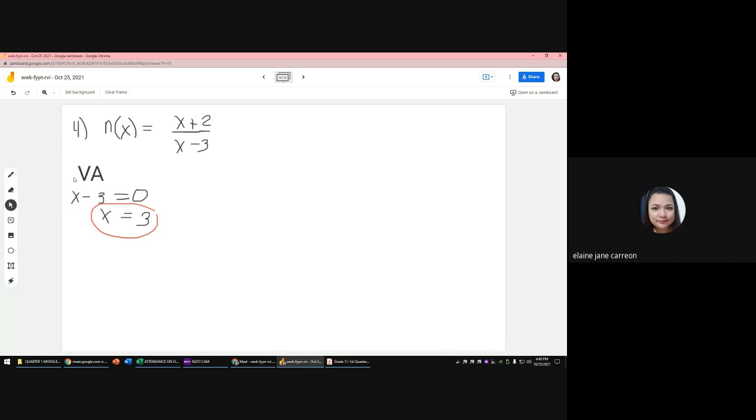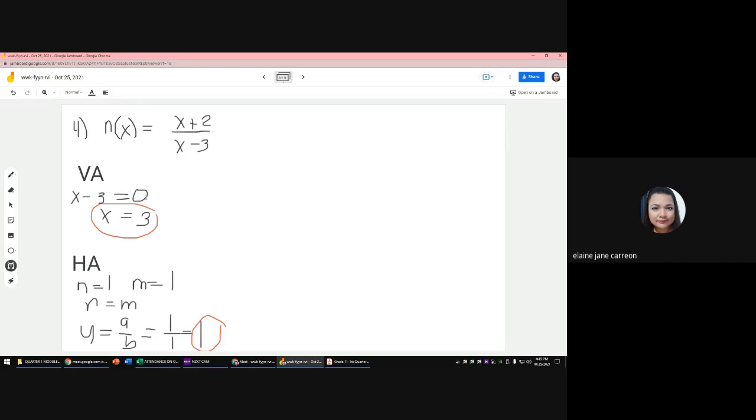And for our horizontal asymptote, so our n is 1 and our m is also 1. Therefore, n is equal to m. So y is equal to a over b. Parehong 1. Therefore, y is equal to 1.